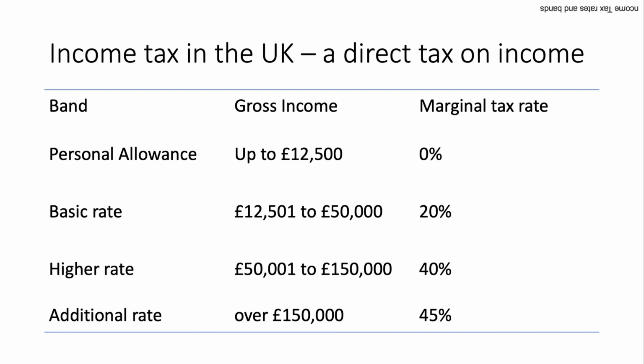Income tax in the UK is an important idea. This is how income tax works in terms of the marginal tax rate rising with income. You all have a tax allowance of £12,500, and then beyond that you start paying tax at 20%, 40%, 45%. The marginal tax rate is the tax on the next £1 of income that you earn.